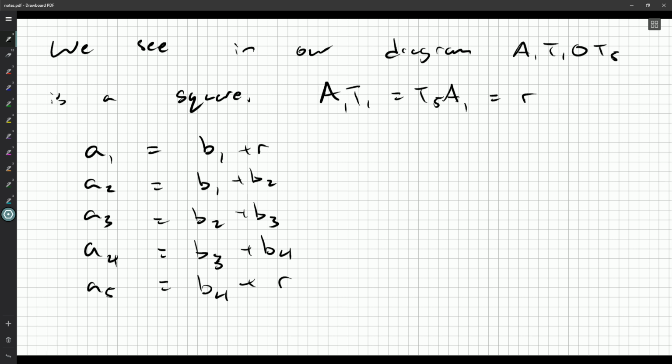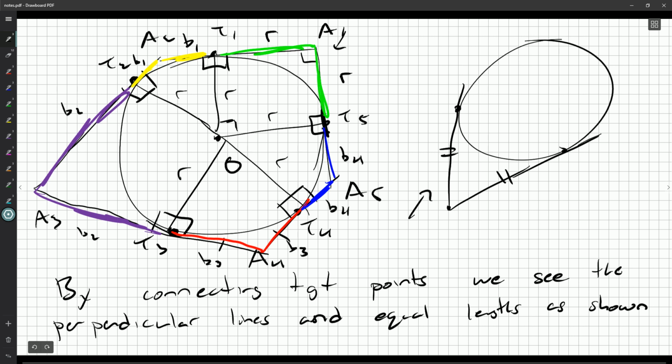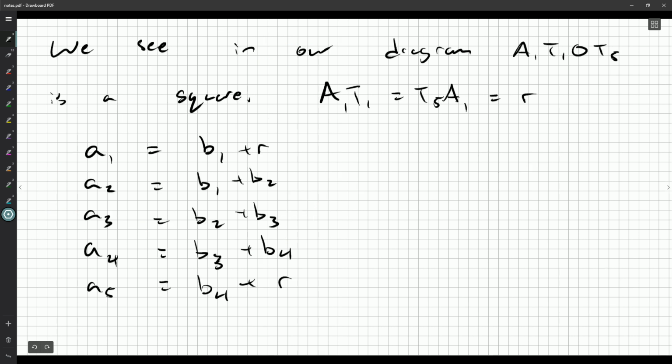Okay. So because of that right angle, we got these r's here. Now there should be a way to combine these to leave the B's out. So if I start with A1, I've got r. Great, that's what I want to calculate. But I've got a B1. So let's get rid of the B1 by subtracting off A2. But now I've subtracted off an extra B2.